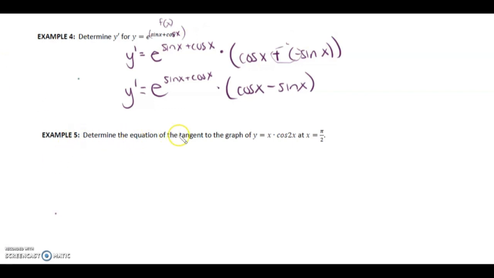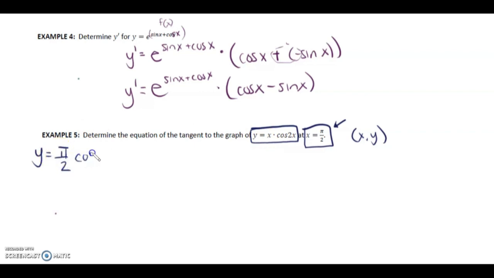Example 5, determine the equation of the tangent to this graph, y equals x times cos 2x, at this point here. First we know that we're going to need a full coordinate. We don't just need the x, we need an x comma y. So let's just substitute pi by 2 directly in here. So y equals x, which is pi by 2, times cos of 2 times pi by 2.